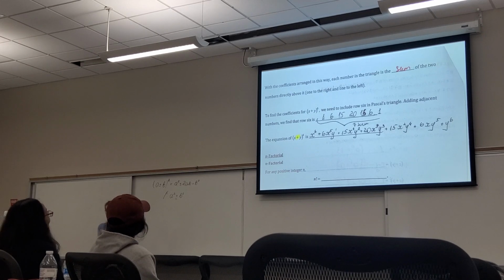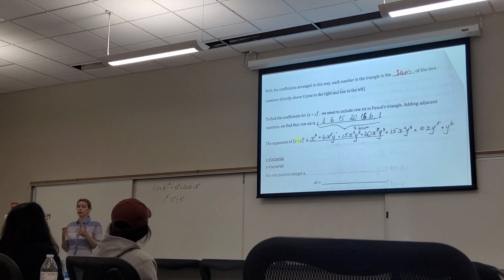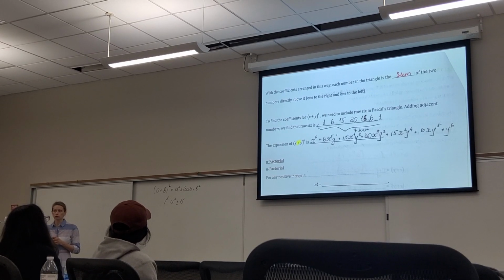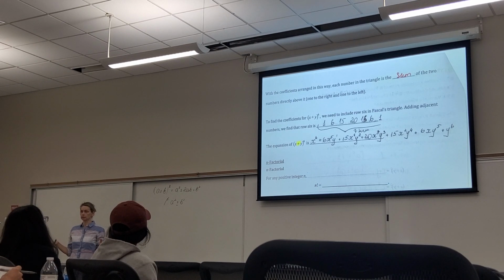Now, the question is, do I constantly need to remember everything? What about if I want to find this coefficient when my degree is 59? Do I need to create a triangle with 59 rows? Or 60 in this case? No, I don't. So the question is, what is the fast way, correct?